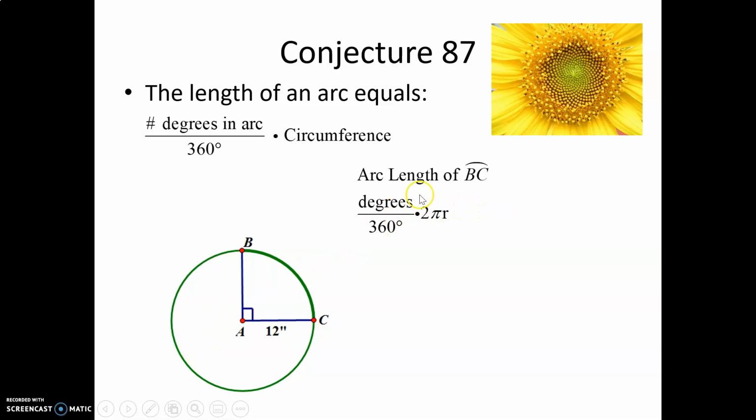So if I look at this picture here, the arc length of BC is 90/360ths times 2 pi r, which is 2 pi times the radius of 12. So this reduces to 1/4. 2 times 12 is 24, so 1/4 of 24 would be 6, so it would be 6 pi inches.